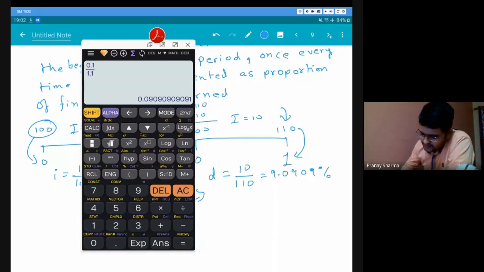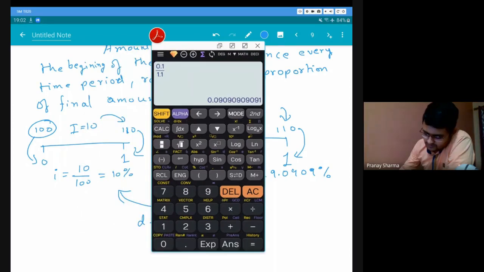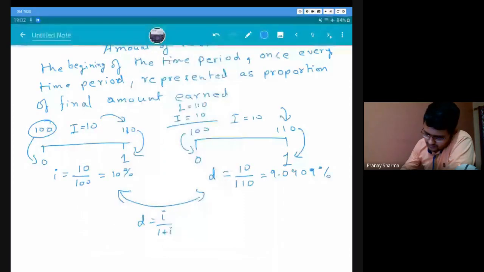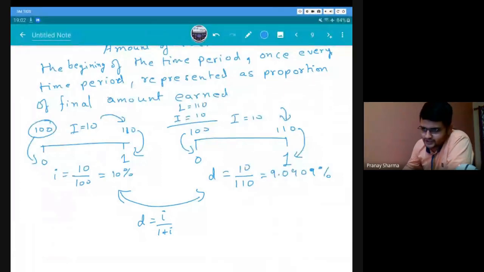We are getting this 9.0909%. So these are called equivalent rates.